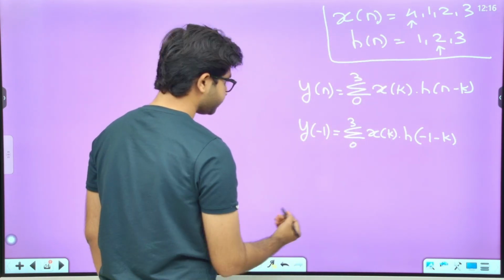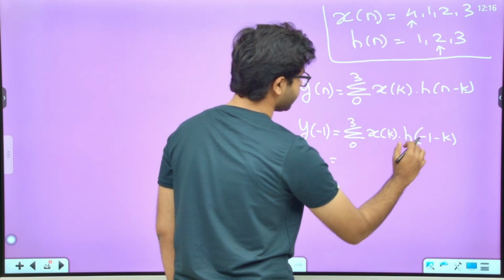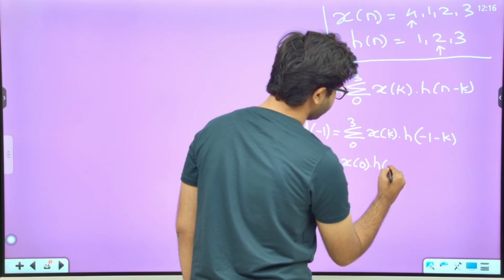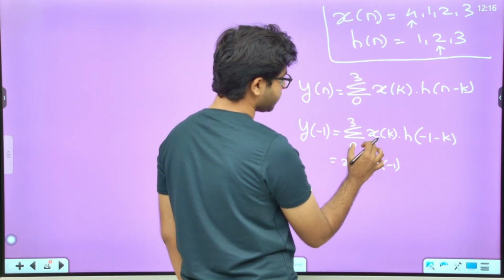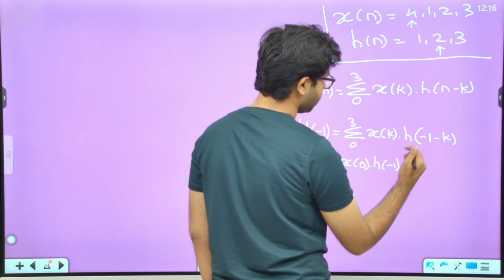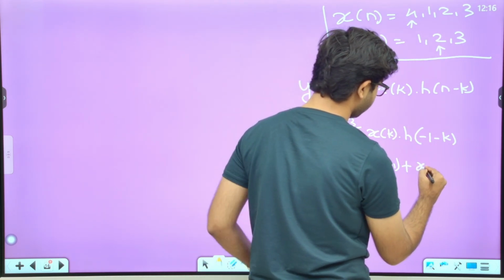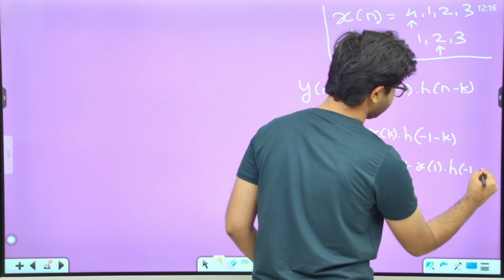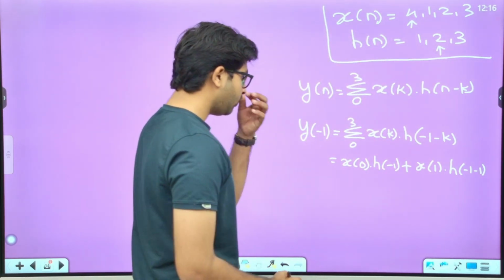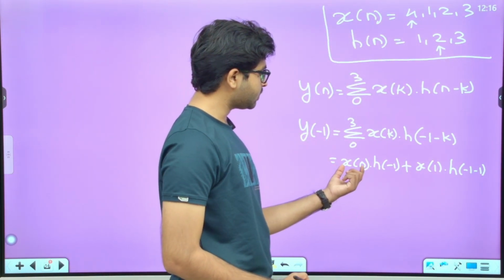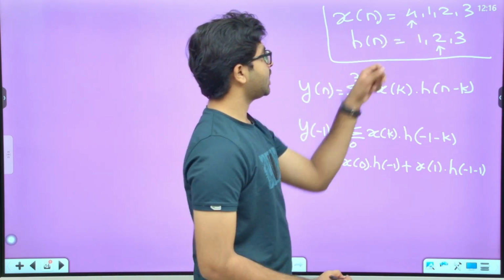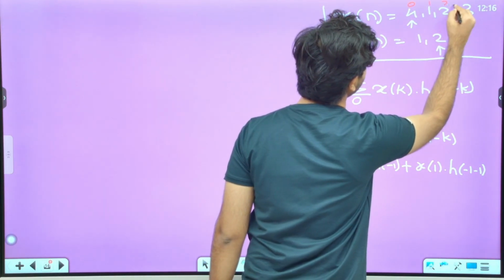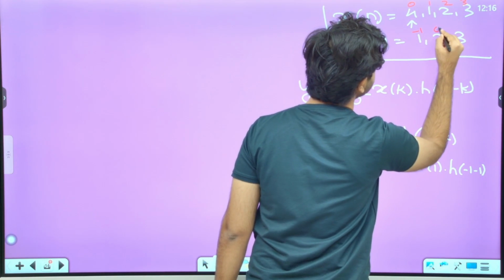Let's expand it: x of 0, h of minus 1, plus x of 1, h of minus 1 minus 1. The sequence x is starting from the 0th index. I will write the indices also, it will be helpful: 0, 1, 2, 3, and for h, minus 1, 0, 1.